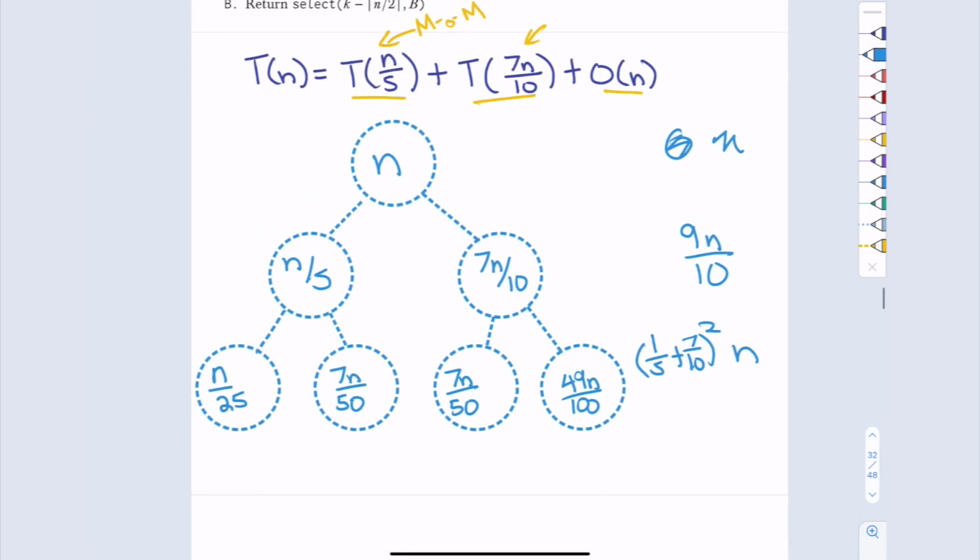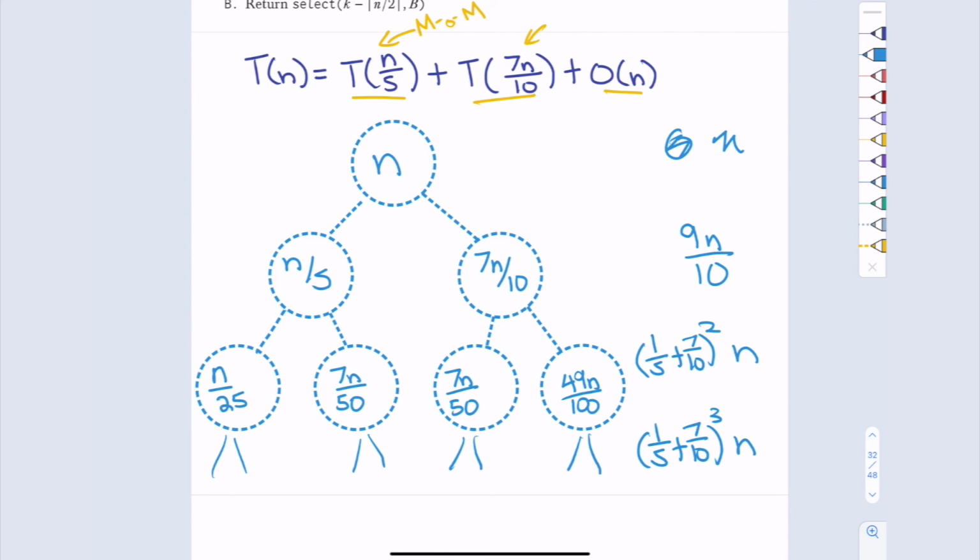Now that you see the pattern, we don't even have to add things up explicitly to have some confidence that the next one will be 1/5 plus 7/10 cubed. It's just going to keep going in this fashion. Each of those represents 9/10, 1/5 plus 7/10. So I get 1 plus 9/10 plus 9/10 squared plus so forth, all times n. So what's all that going to add up to?